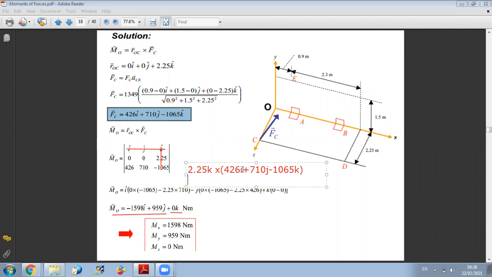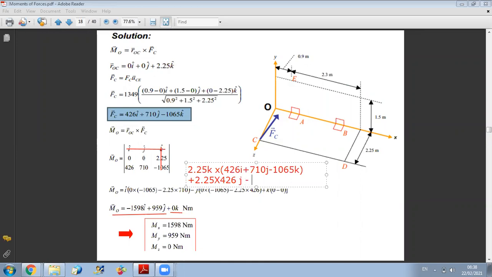Okay, so now if I do the expansion, I start with k vectorial I. I go back to my circle. Okay, look, you can do it in your mind. I, j, k, I. When I go from k to I I am going in the positive direction, so it's plus. So plus 2.25 times 426 along j. Then k vectorial j, when I go to my circle, jk is positive, so kj is negative.